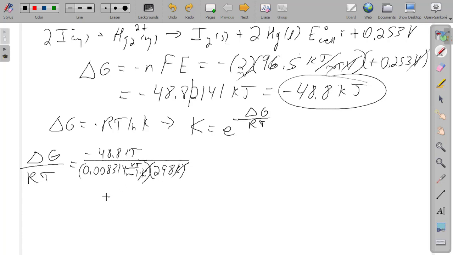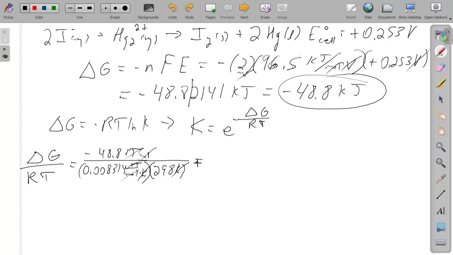The K's cancel out, and the kilojoules cancel out. And technically delta G is still per mole, so those cancel out also. So that means it's dimensionless, so we can do the e to the minus.